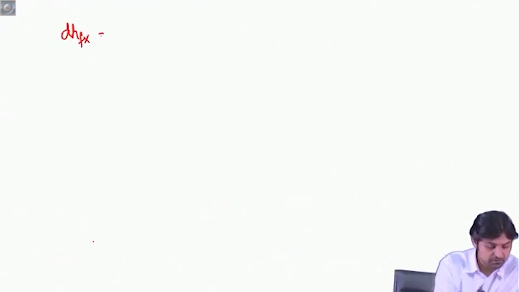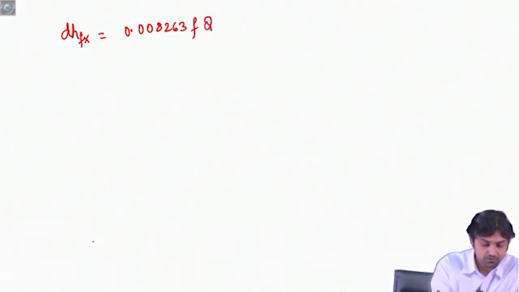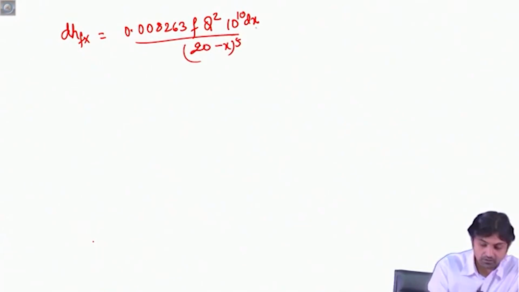So, we proceed forward. So, dHf(x) will be 0.008263 f into Q square into 10 to the power 10 dx divided by 20 minus x to the power 5.